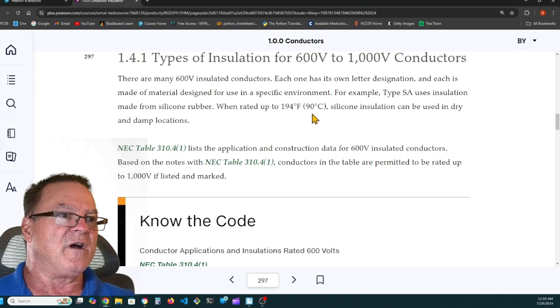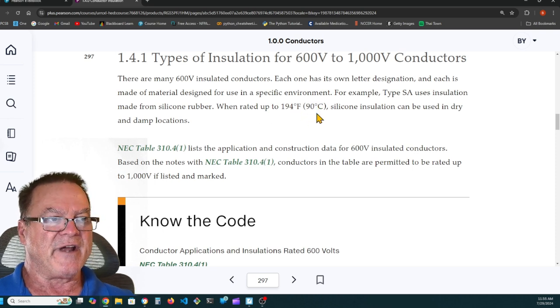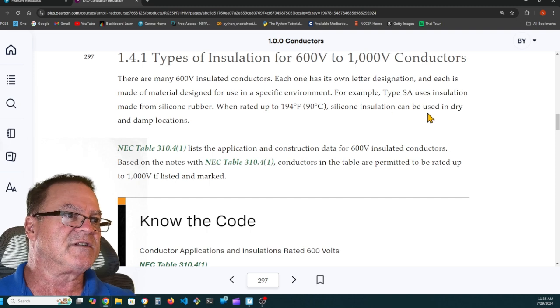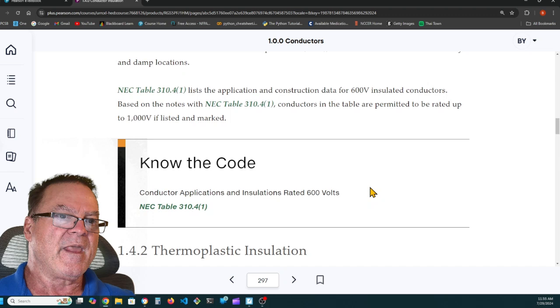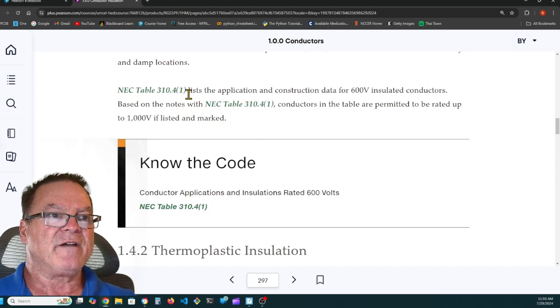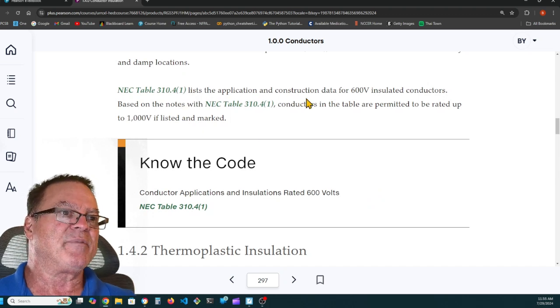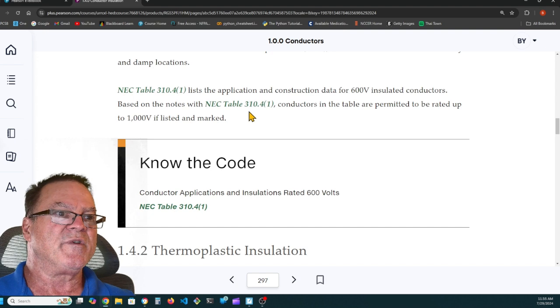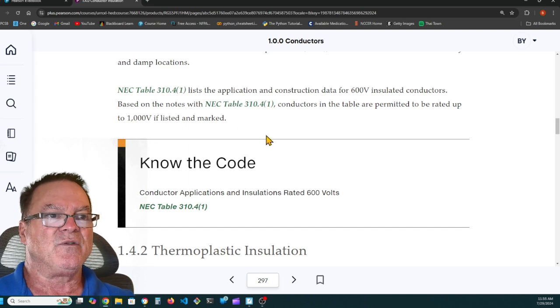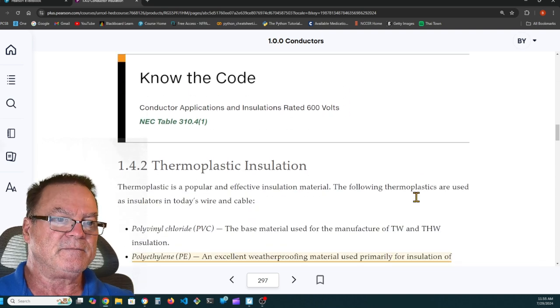When rated up to 194 degrees Fahrenheit or 90 degrees Celsius, silicone insulation can be used in dry and damp locations. NEC Table 310.4 lists the application and construction for 600 volt insulated conductors. Based on the notes with NEC Table 310.4.1, conductors in the table are permitted to be rated up to 1000 volts if listed and marked.